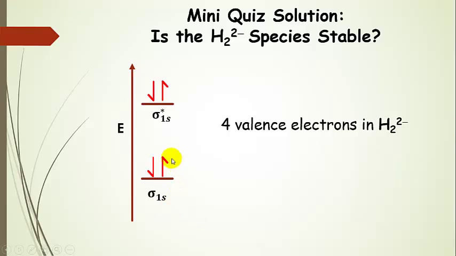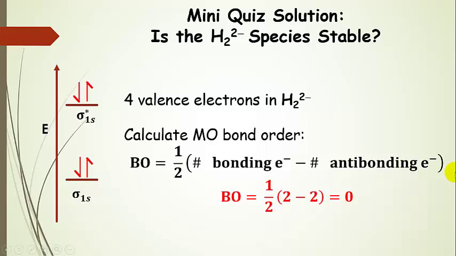If we fill these, then we're going to fill up both of these MOs. If we calculate the bond order, because that's how we're going to determine whether it's stable or not, we take our 2 bonding electrons, subtract off our 2 anti-bonding, divide 0 by 2, of course, and we're going to get 0. And so what does that tell us? It tells us that that species is not stable, so it wouldn't stay together.